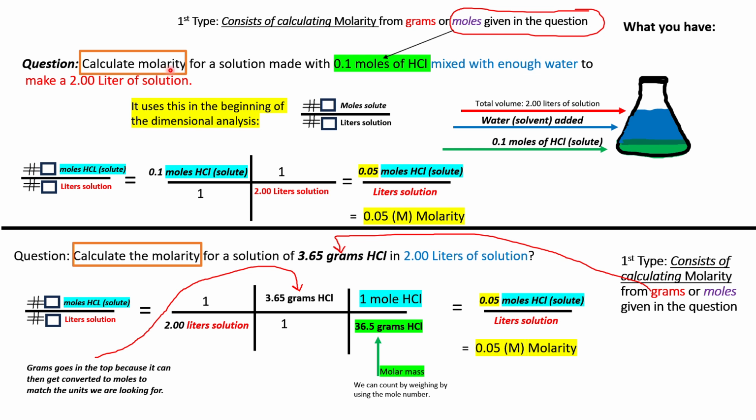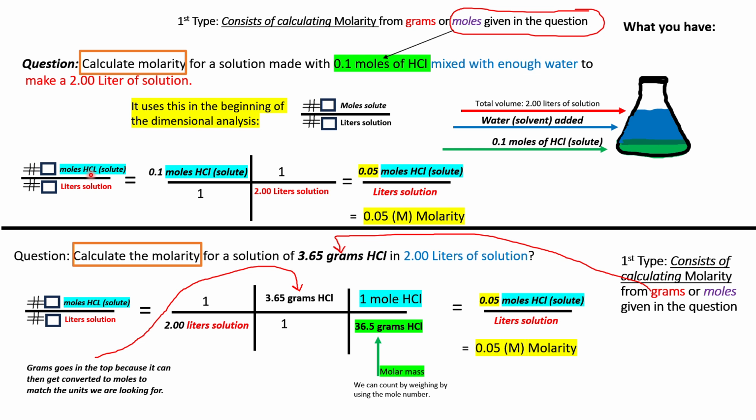So I'm going to write this information over here in the beginning. They're both identical, with the exception that here I have identified what my solute is, which is hydrochloride. Usually the thing that mixes with water is going to be your solute.